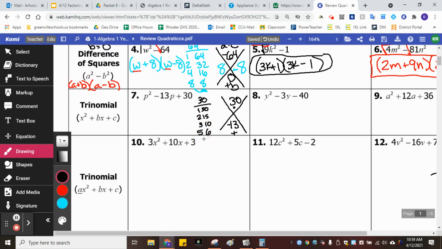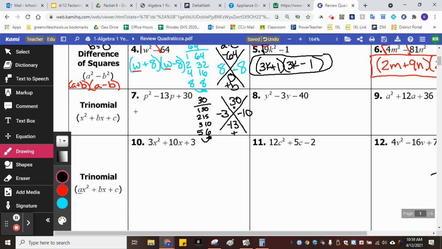The next number I'd try would be 6, and I know 6 works because it's right here. So which of them add to 13? 3 and 10. Both of them have to be negative, because to multiply to a positive and add to a negative, both of them have to be negative.